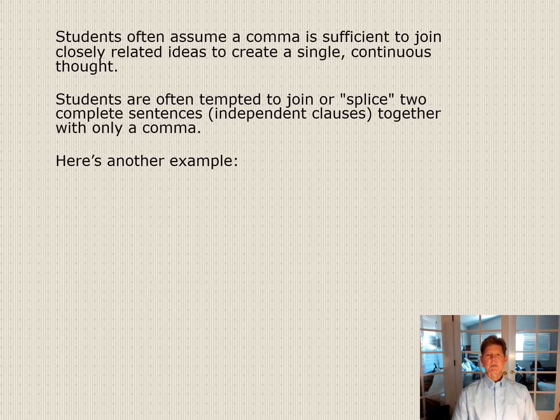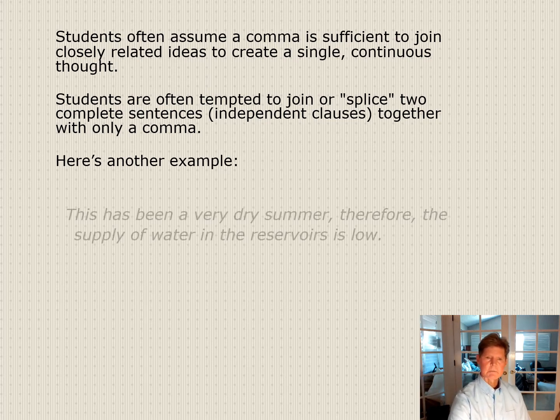Students often assume a comma is sufficient to join closely related ideas to create a single continuous thought. Students are often tempted to join or splice two complete sentences or independent clauses together with only a comma. Here's another example.